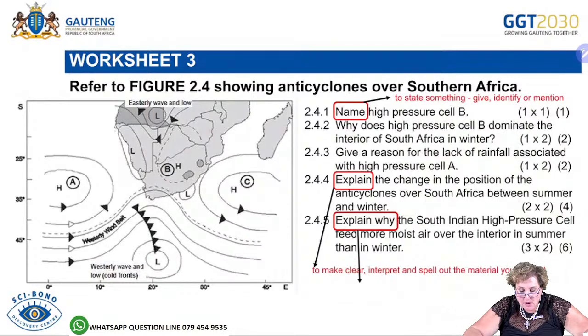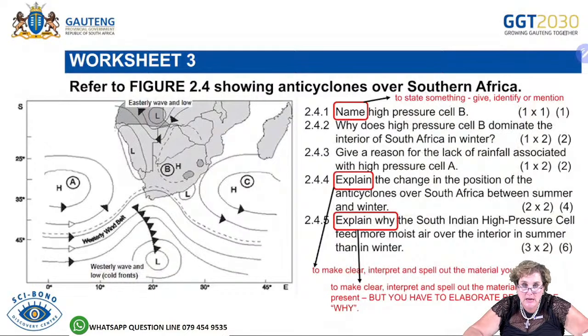With explain why, you must make clear, interpret and spell it out, but you have to elaborate on the question as it says why. Due to time, I'm not going to go over to the answers immediately. I would prefer that you stop here, do the answers on your own, and then after that you check your answers with my answers here.